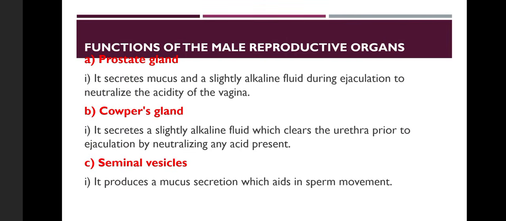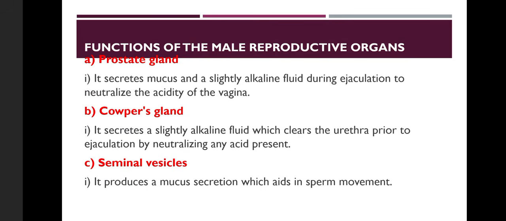Individually, these three parts that we are calling the accessory parts of the male reproductive system normally have their own functions. For example, the prostate gland normally carries out the function of secreting mucus together with a fluid that is normally alkaline in nature, and that alkaline fluid normally helps to neutralize the acidity in the vagina.